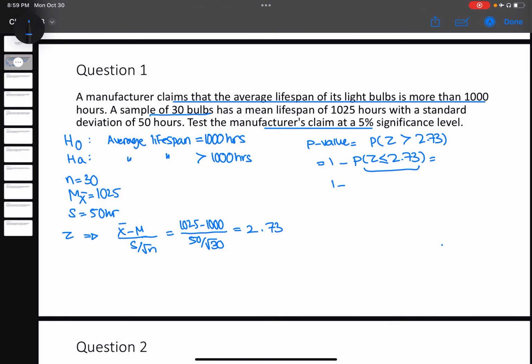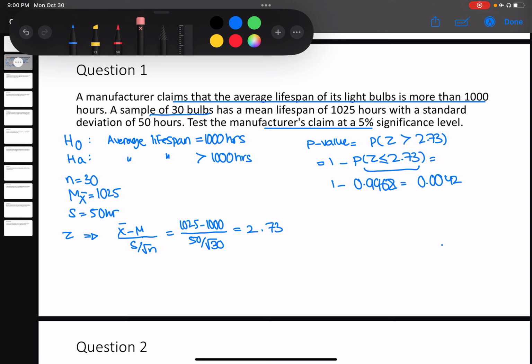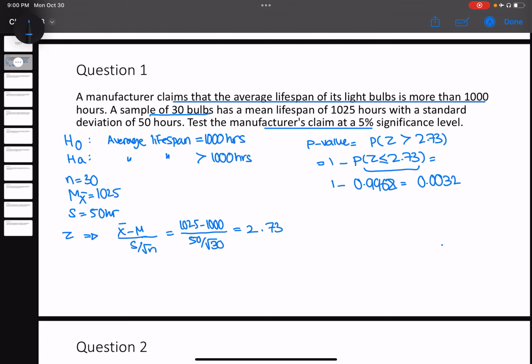The p-value would be 1 minus 0.9968, which equals 0.0032, which is basically less than 0.05, the significance level.